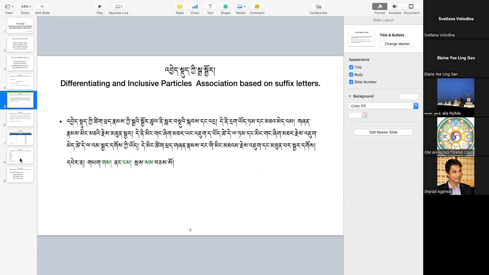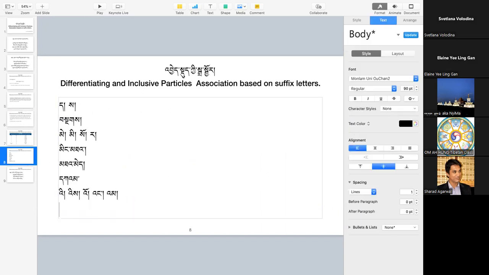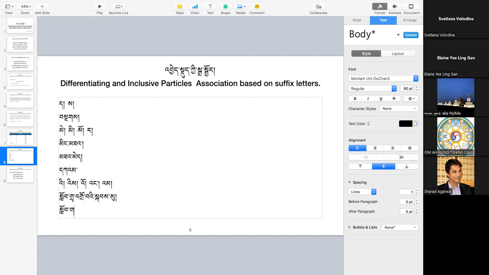For example, when we say lobcha drove kap, then you have to use so, and but, whereas you can say lobcha drove.